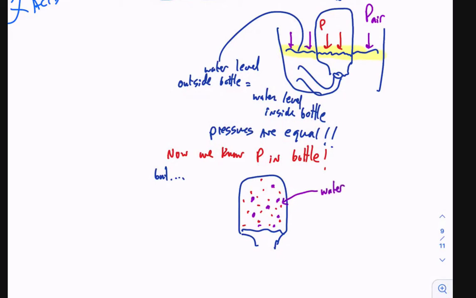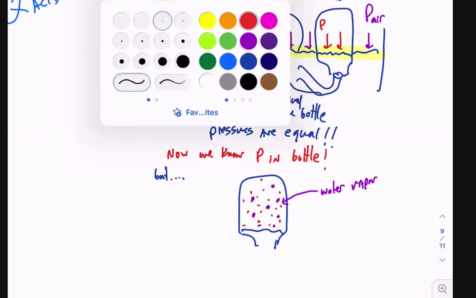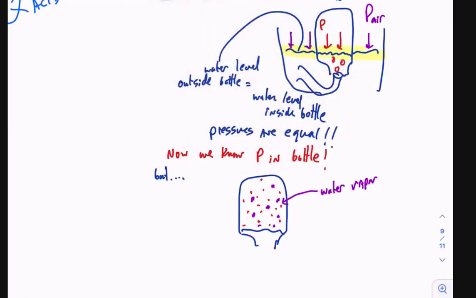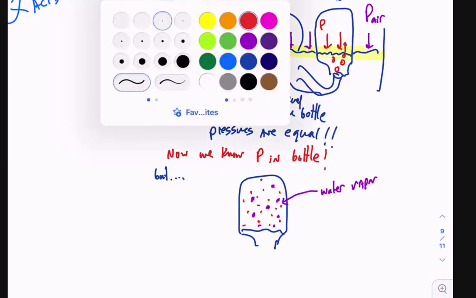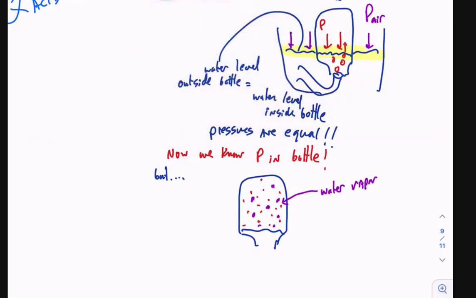Because think about what's happening. You've got these bubbles pushing through, and anytime there's a liquid, there's going to be some evaporation. So there's just water that has evaporated. So your pressure is a mixture of two gases: the gas you were trying to collect and water vapor.